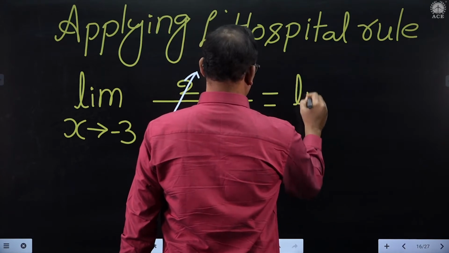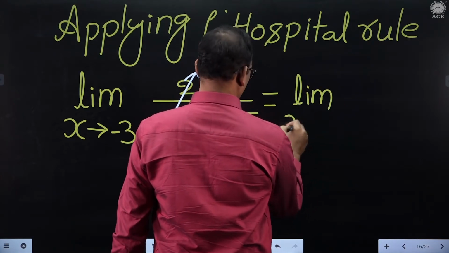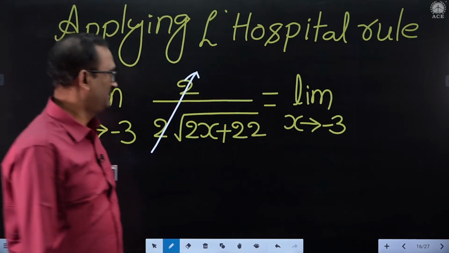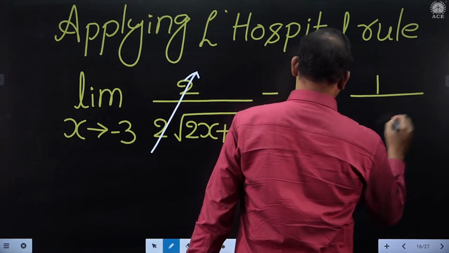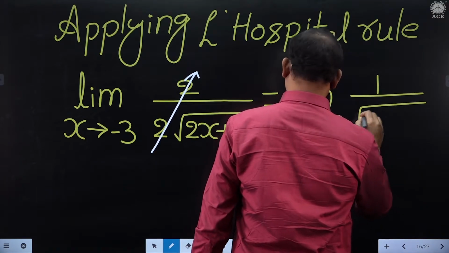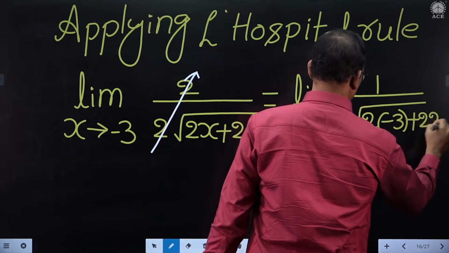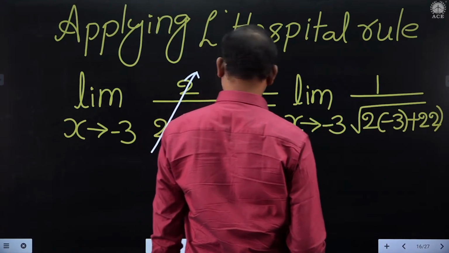This is equal to limit x approaches minus 3, 1 by square root of 2x plus 22.